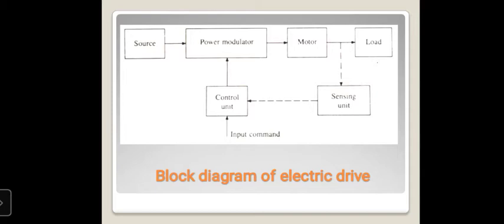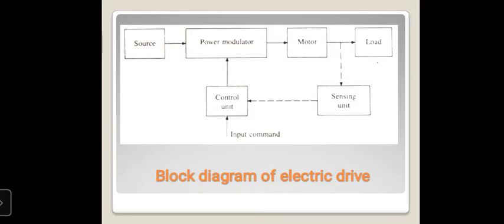Either it may be AC or DC. That means there are two types of electrical source available: one is DC type, another is AC type. Next, we go to the next module, the power modulator.